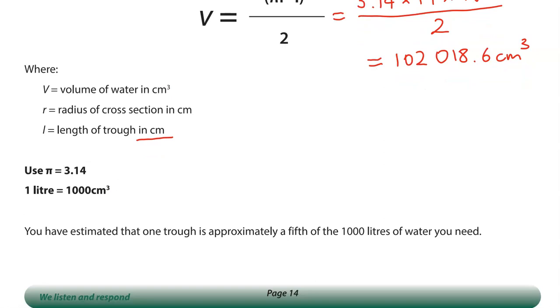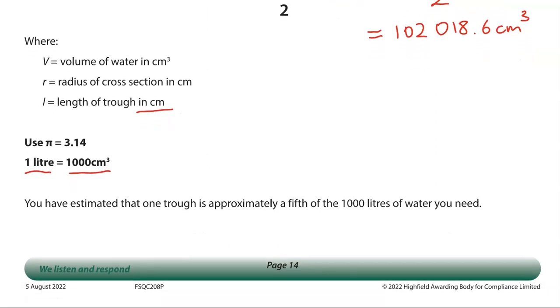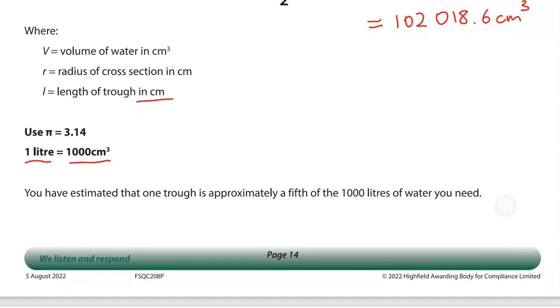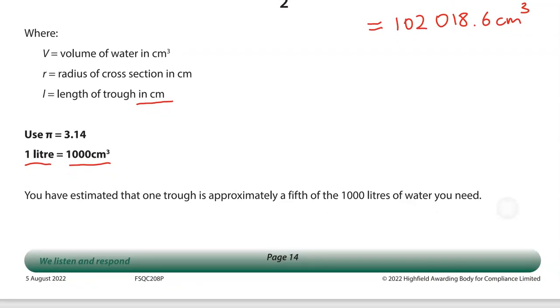Now we're told that 1 liter is equal to 1000 cubic centimeters. So what about 102,018.6 cubic centimeters? What's that equal to in liters? Let's work it out.